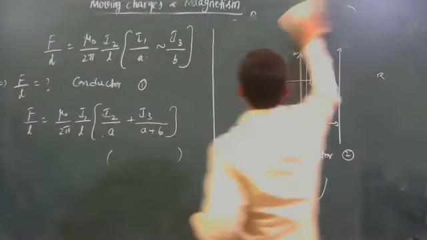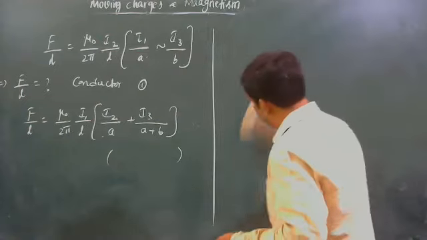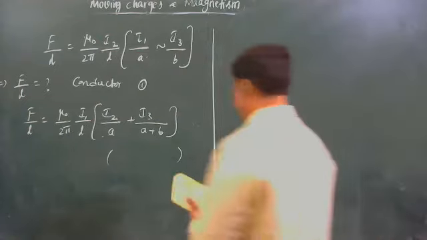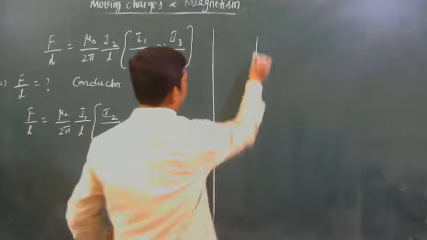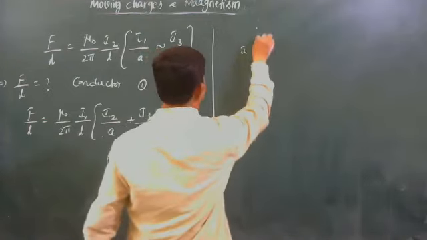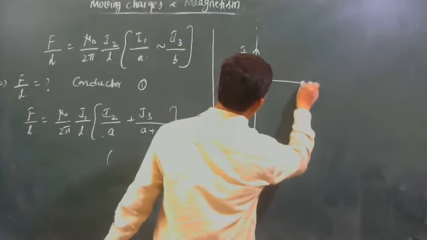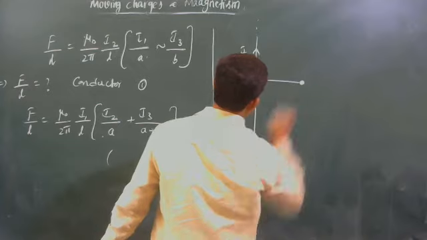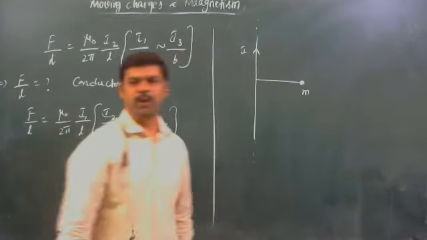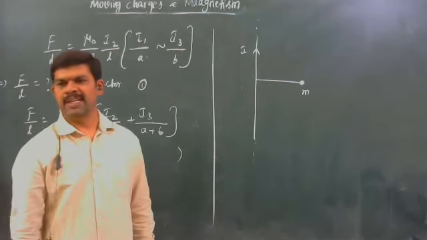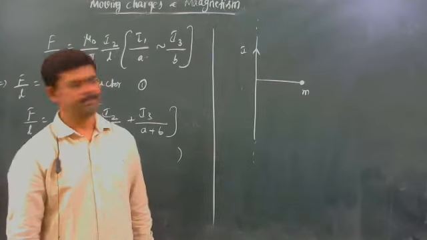Next. See, there is one infinite straight conductor carrying current I. From this conductor, at a perpendicular distance D, there is a magnetic pole of pole strength M placed.